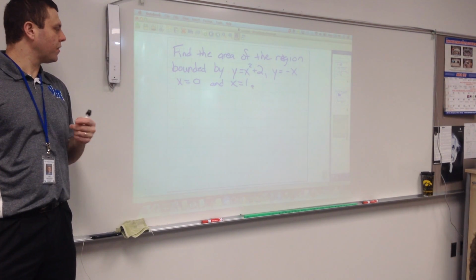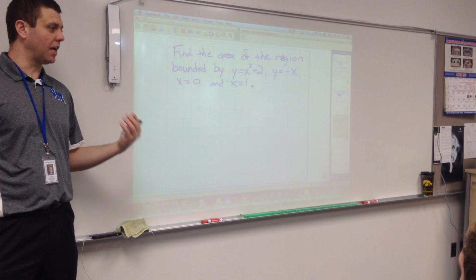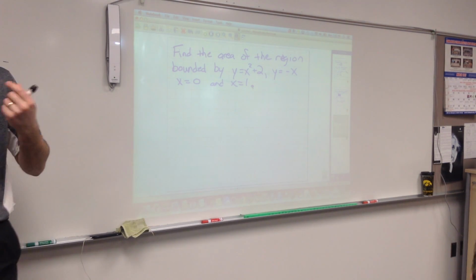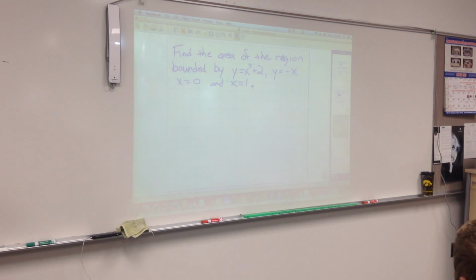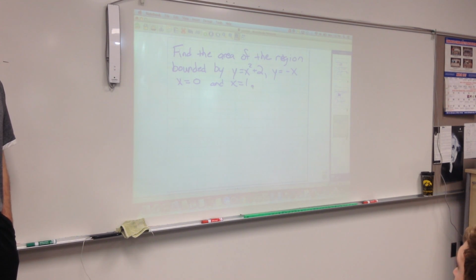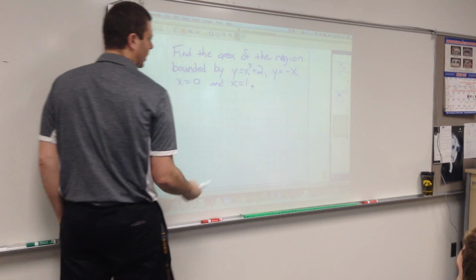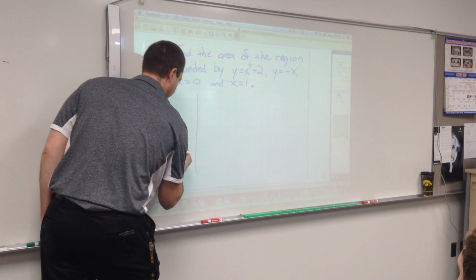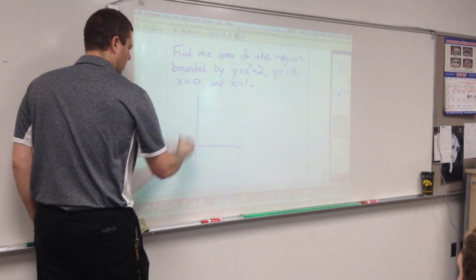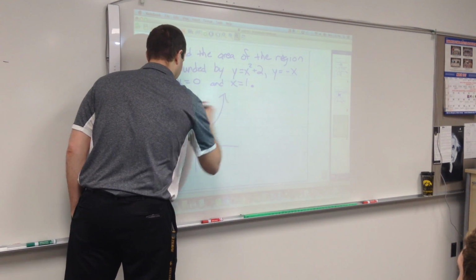And we probably won't even finish this problem. I'll just ask you to write out the antiderivative that would help you solve this problem. Okay? Some of you should be able to visualize this without too much of a problem. Some of you will want to draw the graphs to help you. If you think about this, y equals x squared plus 2, that graph would look something like this.